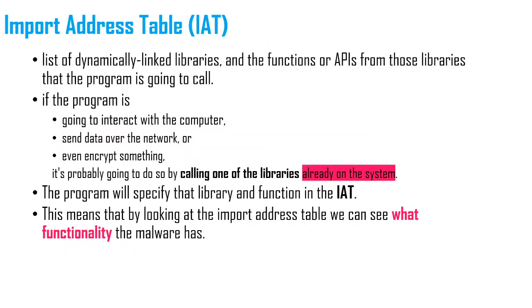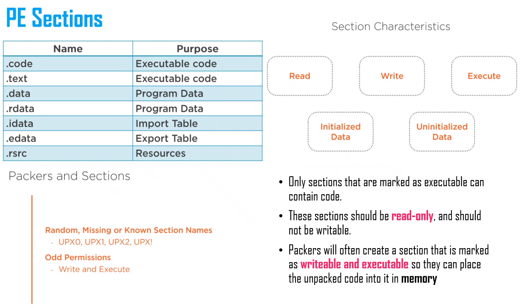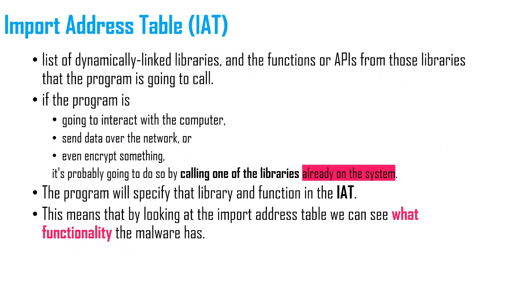Right? The second in the PE section, as I said earlier, is the import table. The import address table is the list of dynamic link libraries and the functions, or we can call these functions application programming interfaces, APIs, that the program is going to call from those libraries. These are supporting files that the particular malicious file needs from the operating system to execute.